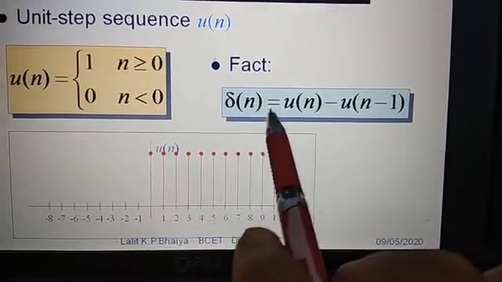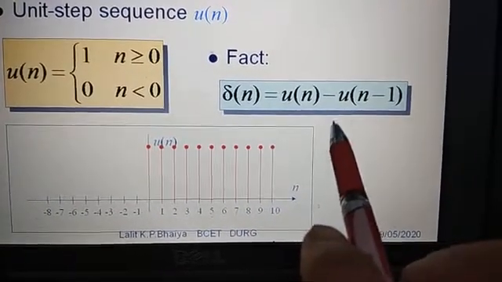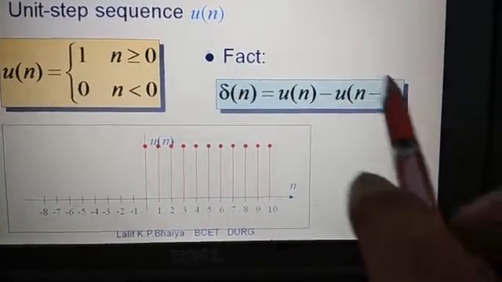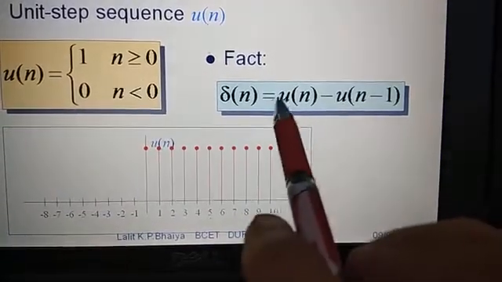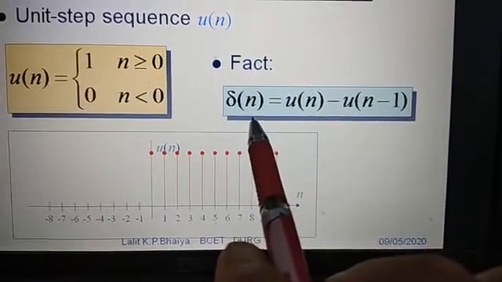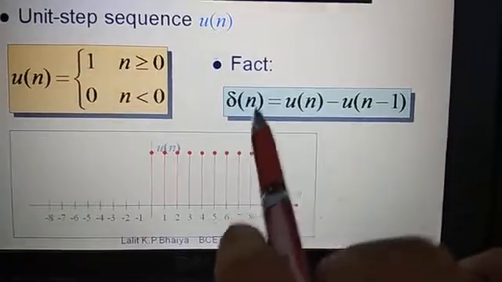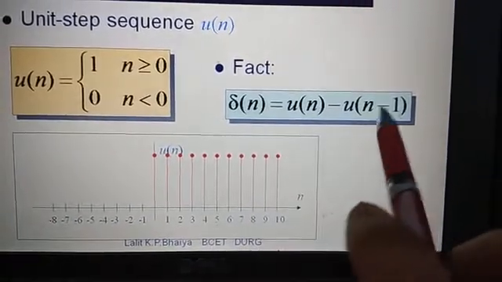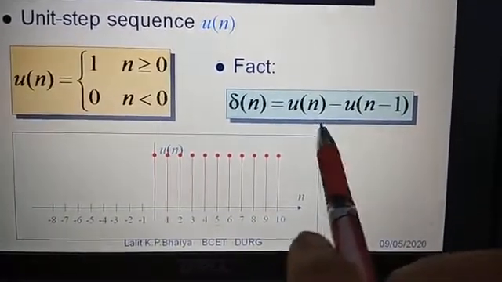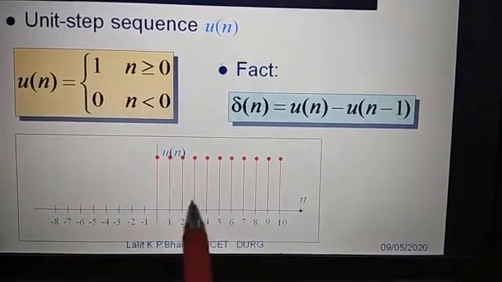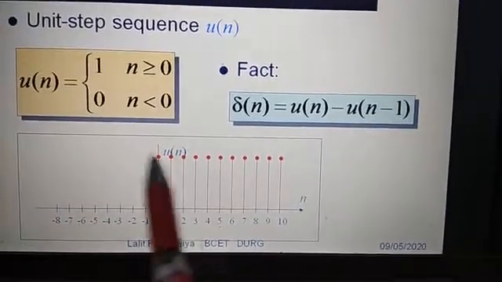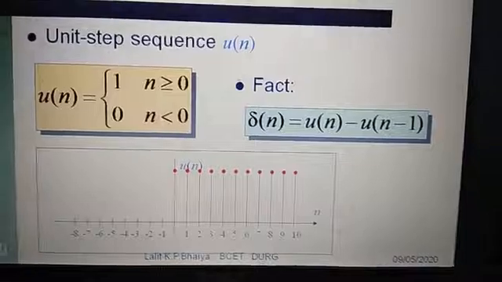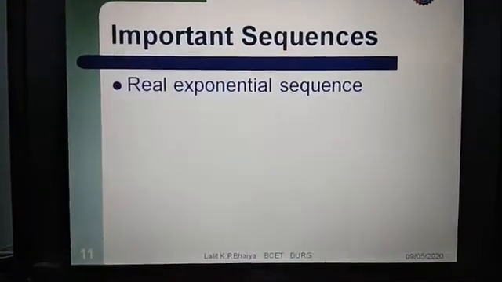So del of n is equal to u of n minus u of n minus 1. You can verify this by putting different values of n from 0 onwards, and you will get only one sample at n equal to 0. So these are the important sequences.